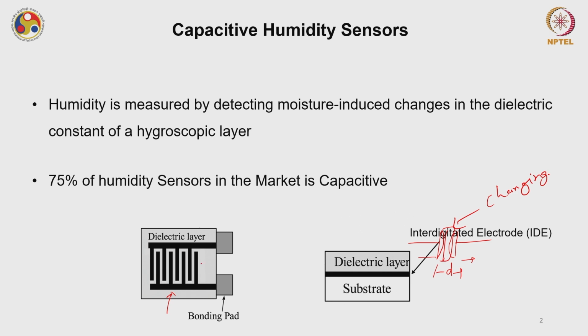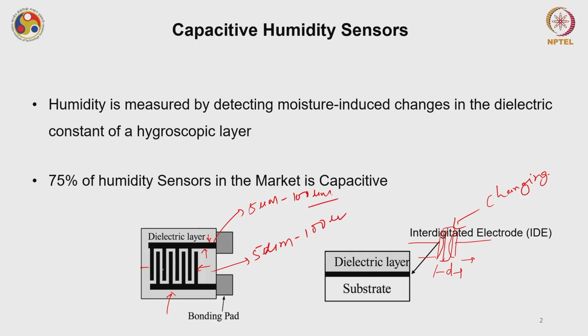In this device structure, usually the metallic layer is of thickness say 5 micrometer to 100 micrometer for bigger devices, and these fingers are also of similar size, say 5 micrometer to 100 micrometer.